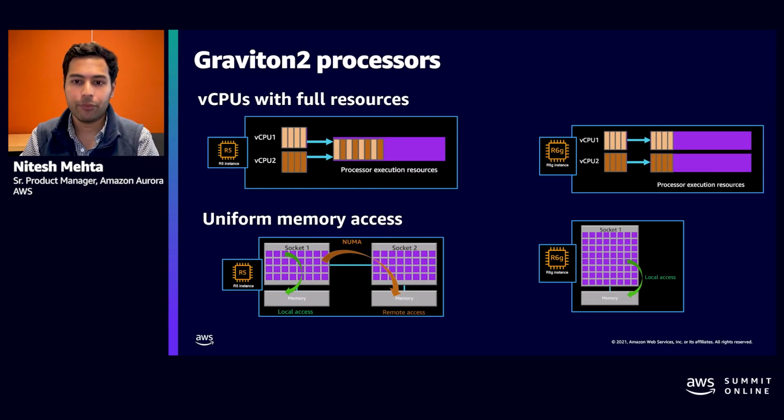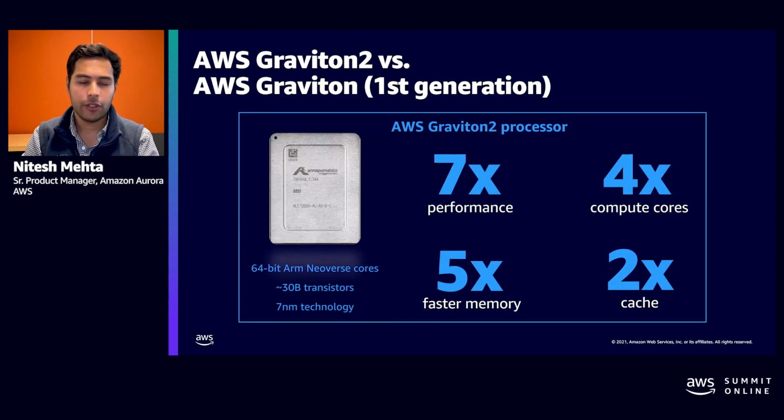We've also made improvements in terms of the security. And we also have given customers higher EBS throughput when they use Graviton2 processors. And what this means is Graviton2 compared to Graviton1 now provides 7x higher performance. It provides 4 times the compute cores, 5x faster memory, and 2x cache of Graviton1 processors.